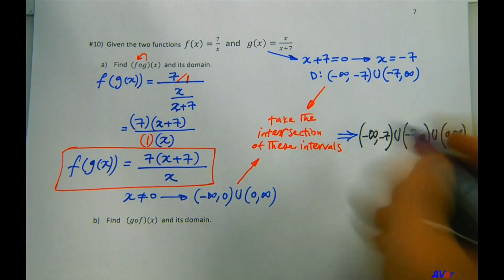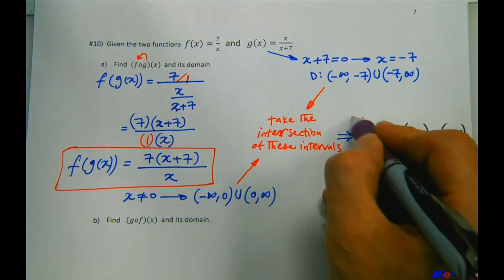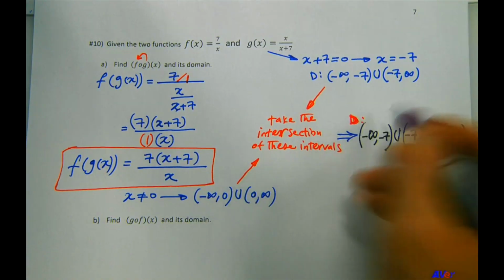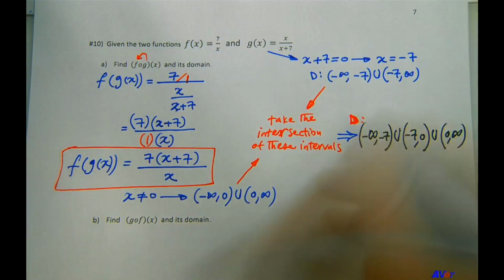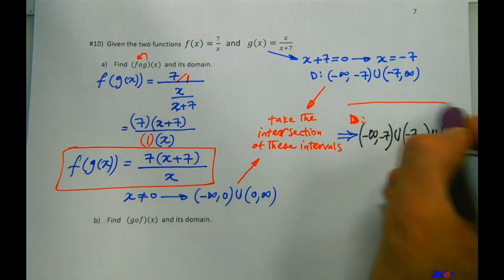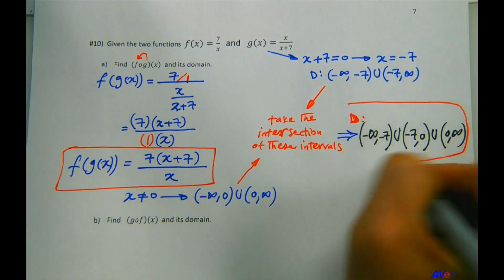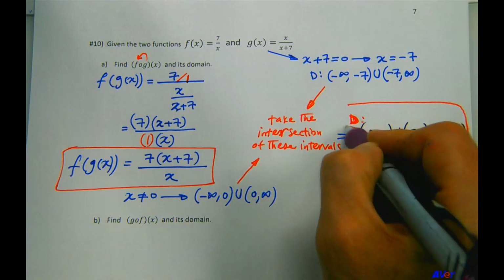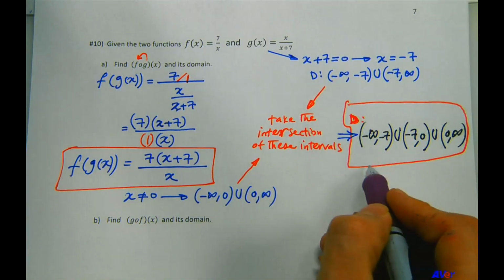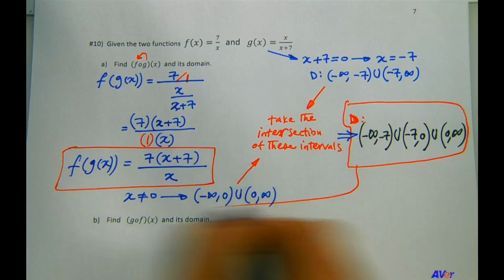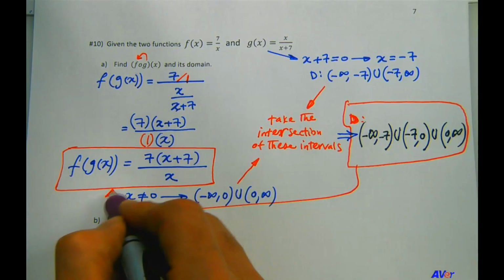There is the domain. There is the domain of the final composite function. That is the domain of that.